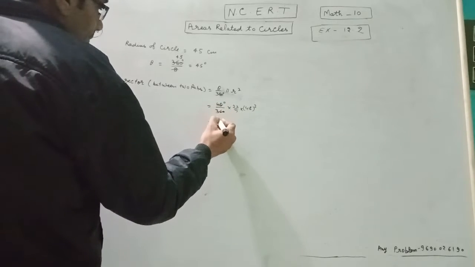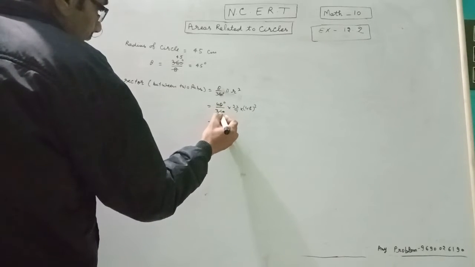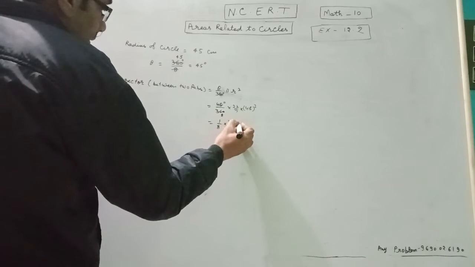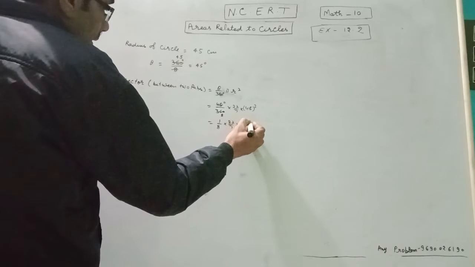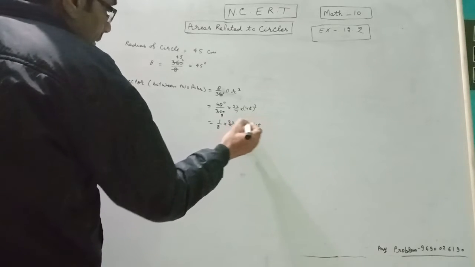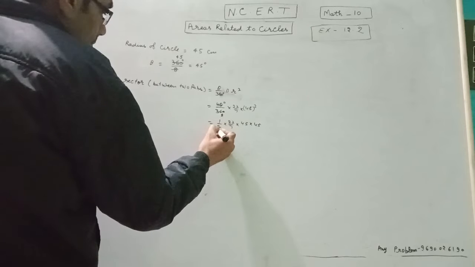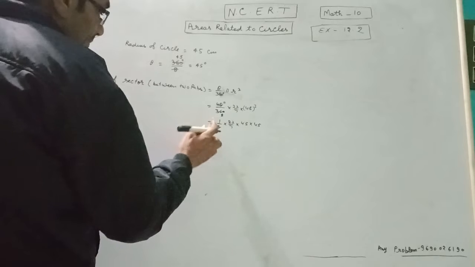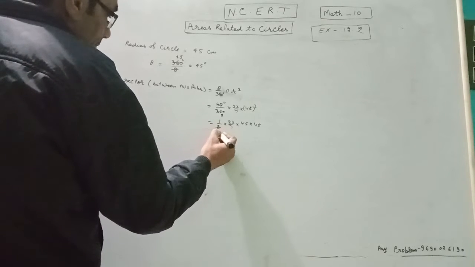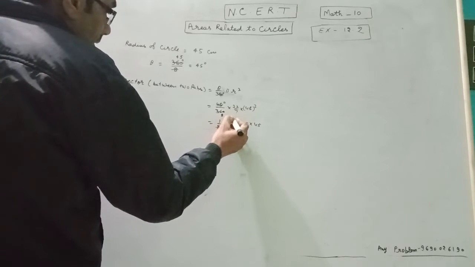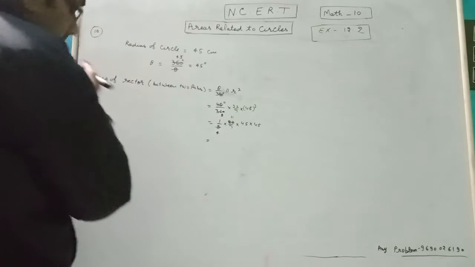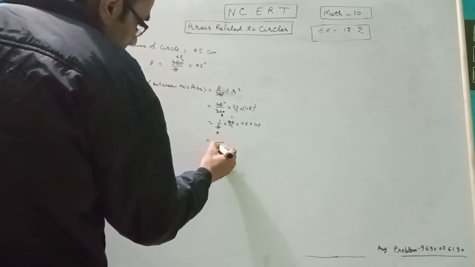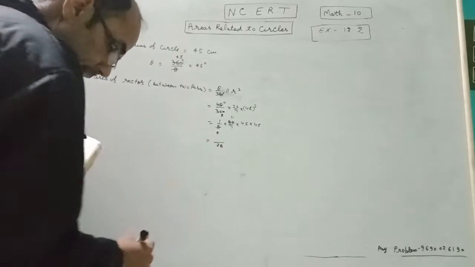45 divided by 8... 1 upon 8 into 22 upon 7 into 45 into 45. Divide by 2 is 4. 11... after multiplying, 7 times 4 is 28, upon 28.